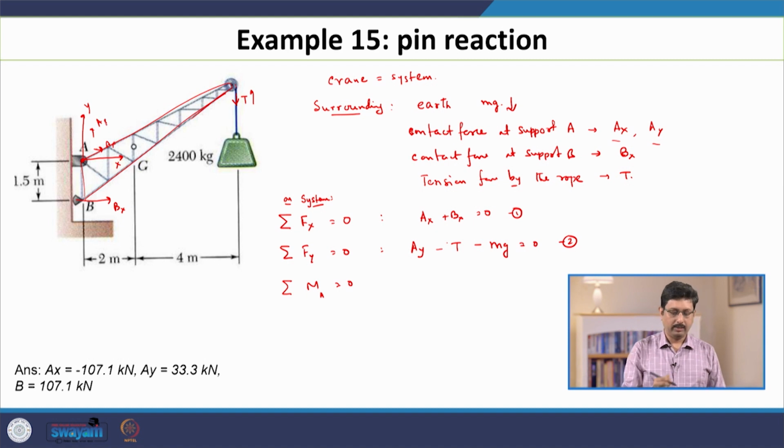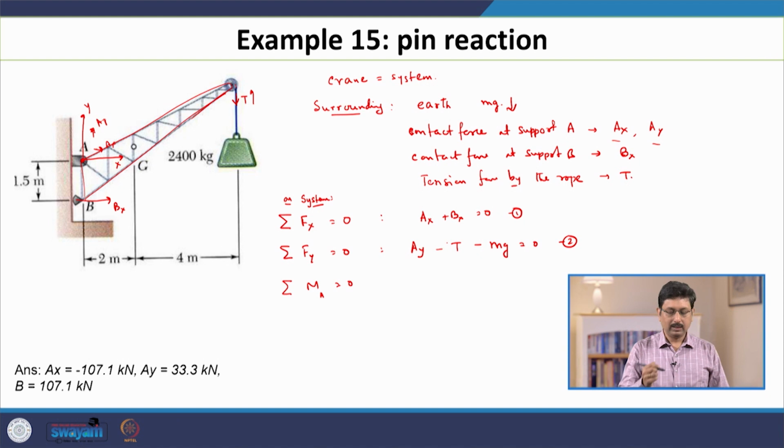Note that I am defining these signs in this way, but they can be negative. I am defining the positive sign of Ay as upwards, which means if Ay turns out to be negative, the force is downwards, and similarly for Ax and Bx. So, these two forces immediately get eliminated, they do not contribute to torque. That will simplify our algebra.